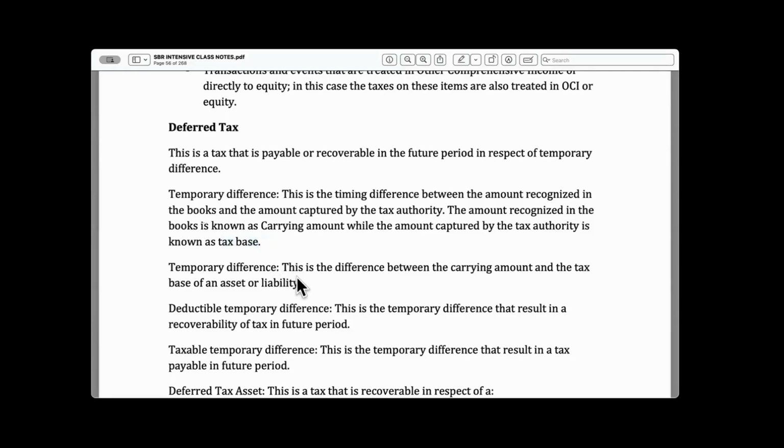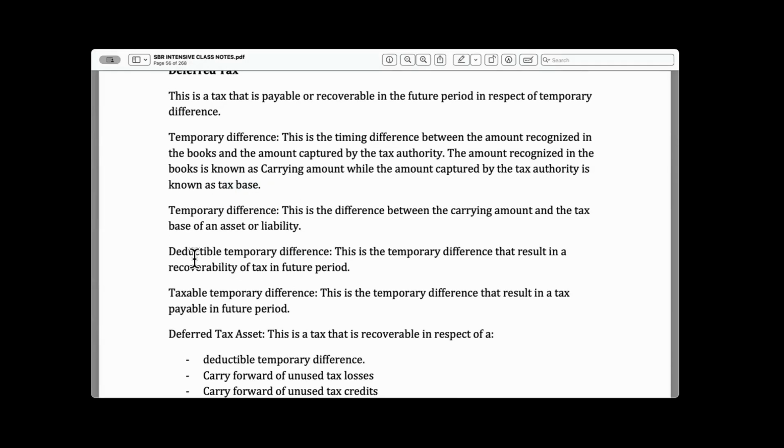Now, as soon as we identify that temporary difference, we need to identify whether it will lead to having deductions in the future or paying tax in the future. And it's so easy to identify if you are not cramming, if you understand what I've mentioned.